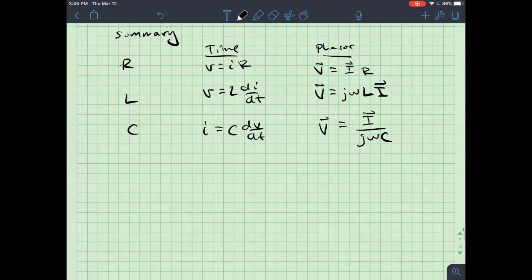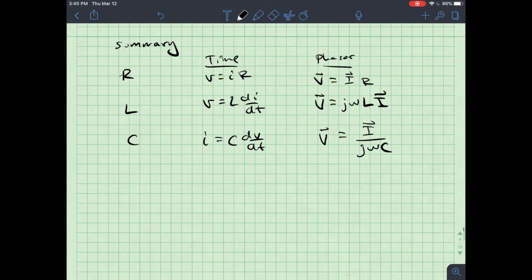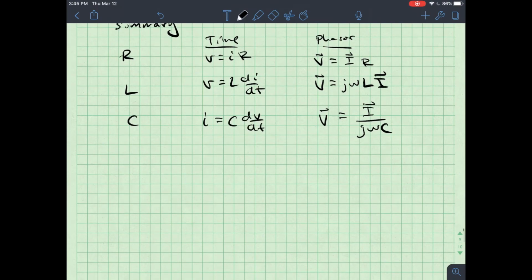Let's apply this to one or two examples, and then next time we'll get a little bit more information out of this. So example number 1.